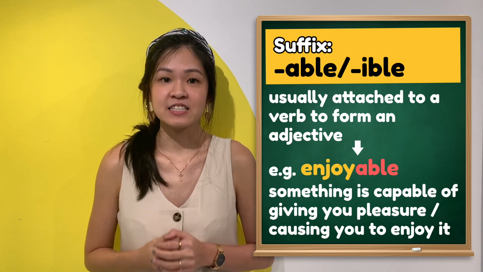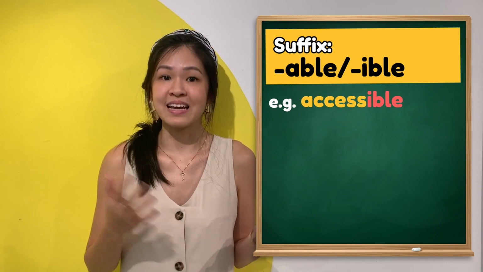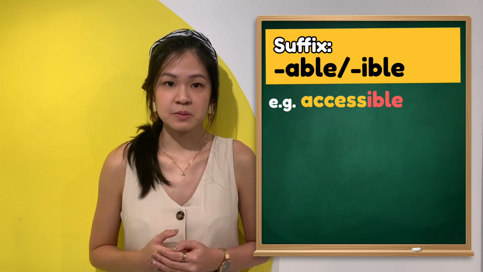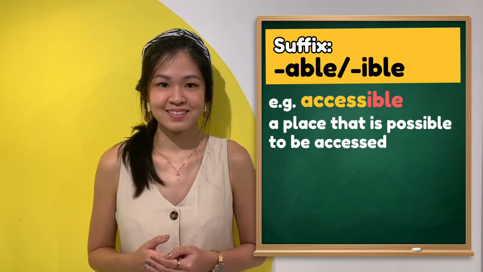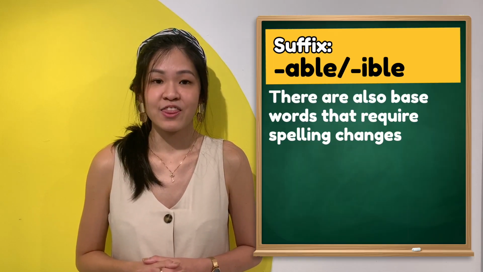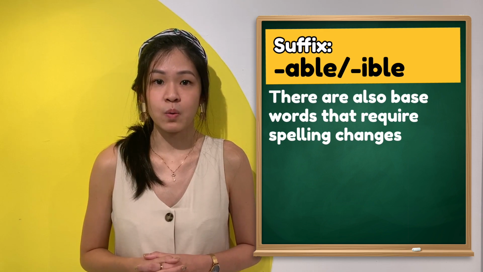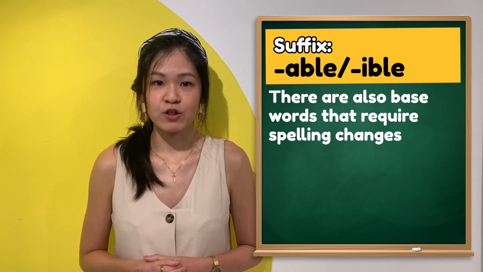Similarly, adding the suffix ible to the verb access forms the word accessible, which means that a place is possible to be accessed. While many base words can take the suffix without changing its original spelling, there are also base words that require spelling changes in order for the suffix to be attached to it.